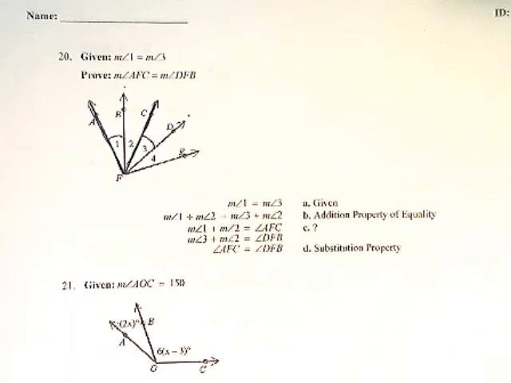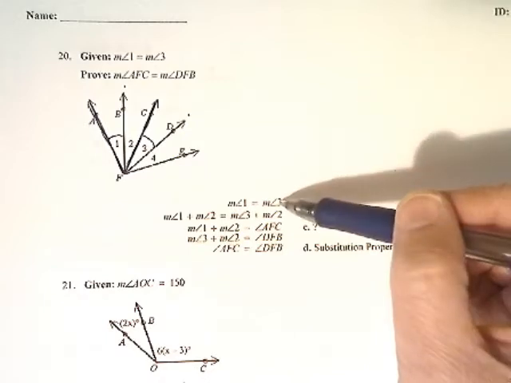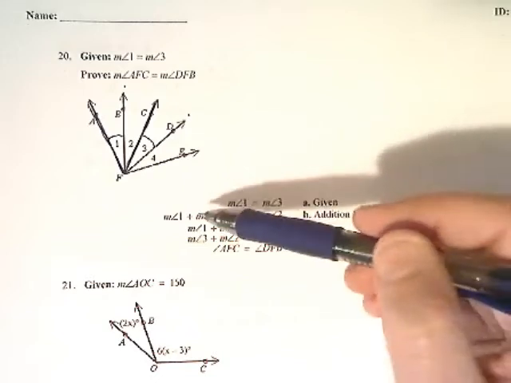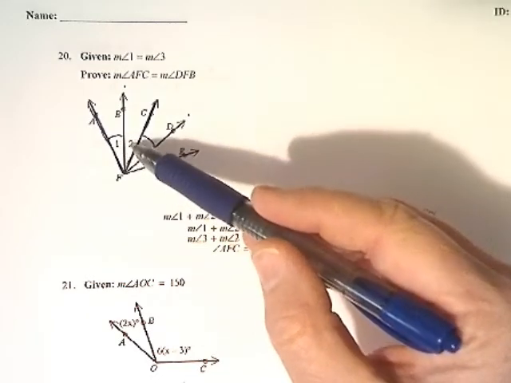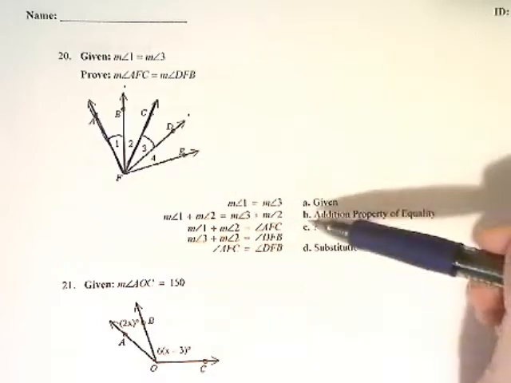Now, might sound like kind of a tough task, but all you really have to do is find the missing step, okay? They start out with the measure of angle 1 equals measure of angle 3, and that's given.